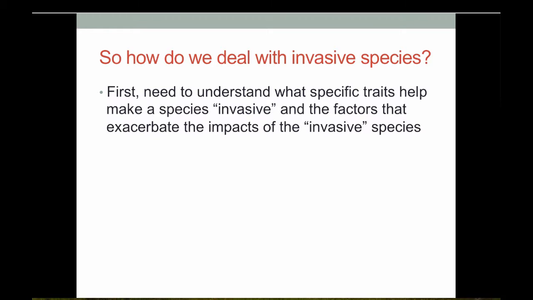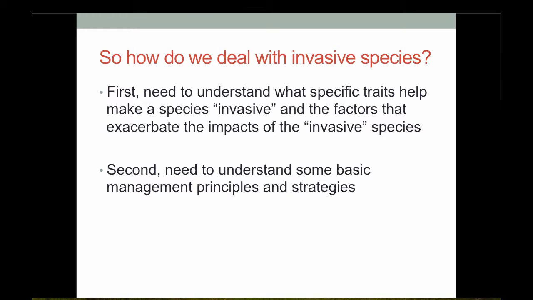And the lecture that Matt's going to provide this week is really covering these two factors on what makes a species invasive and the factors in the ecosystem or the environment that make it more invasive in terms of not being able to tolerate or prevent the invasion of these non-native or pest species.